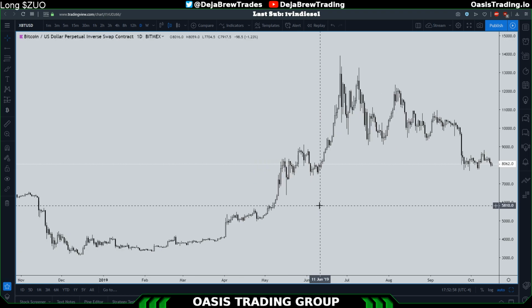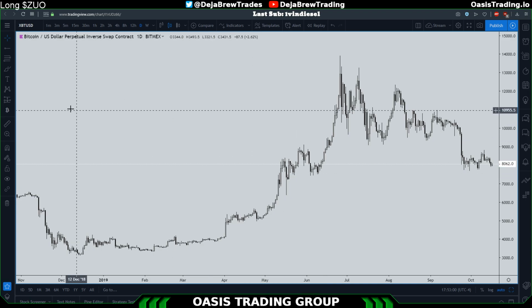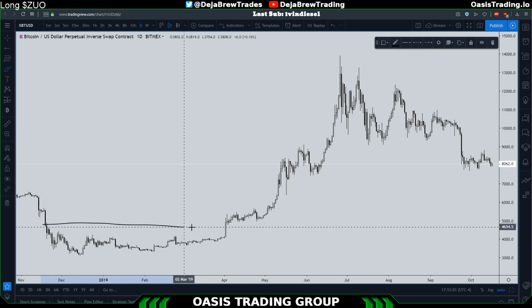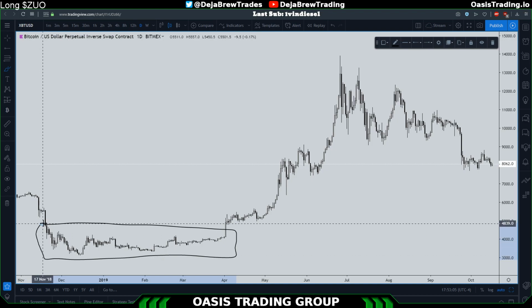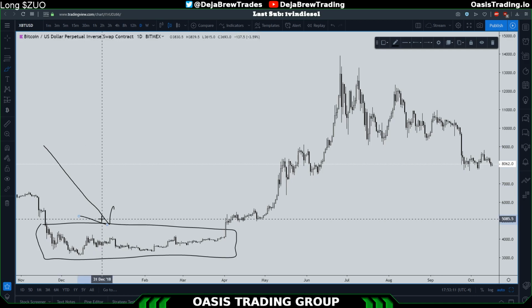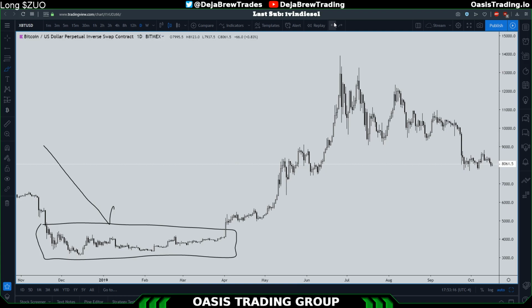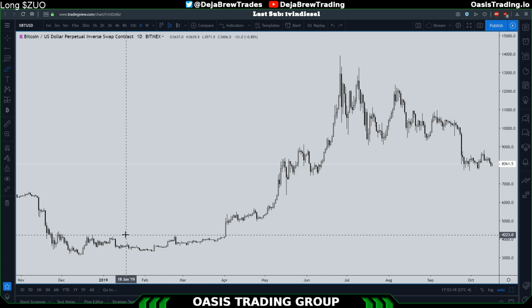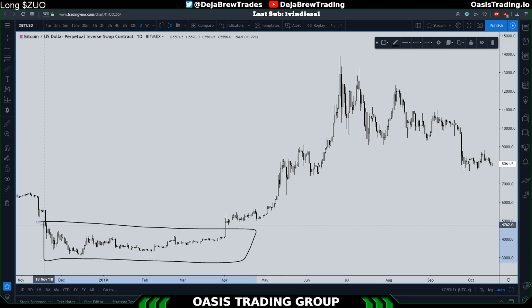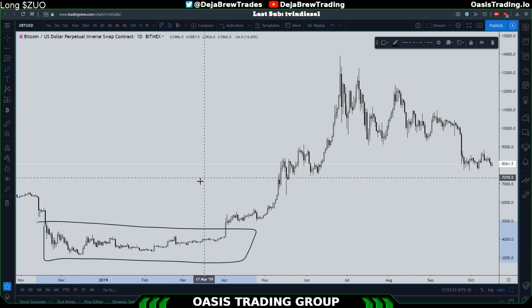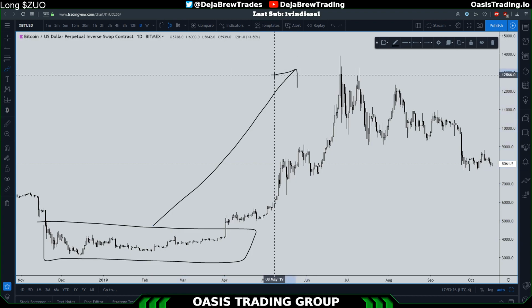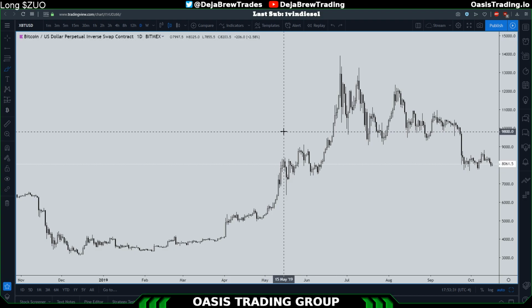So if you're like a long-term investor, and let's say you started to dollar cost average during this accumulation. Anybody who was dollar cost averaging during this accumulation made a lot of money, because look at what Bitcoin did. So if you are a long-term investor and you start to see some long-term accumulation like this, and you really believe in the asset, you believe the asset is bullish and it's going to rise eventually, dollar cost averaging could be a very good way to make a long-term trade profitable.